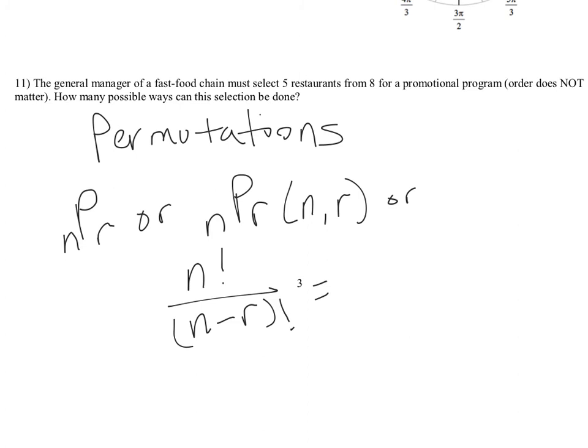So I think we're going to go ahead and use the factorial formula to find the answer to this so that you can get all of your points for your bonus question.